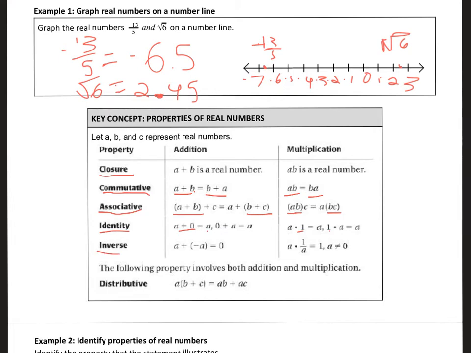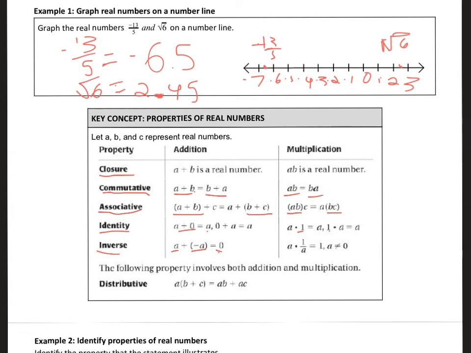Inverse property. For addition, the additive inverse of a number is what added to that number gives us 0. A plus negative A gives me 0. For multiplication, the inverse property, what can I multiply by A to give me 1?